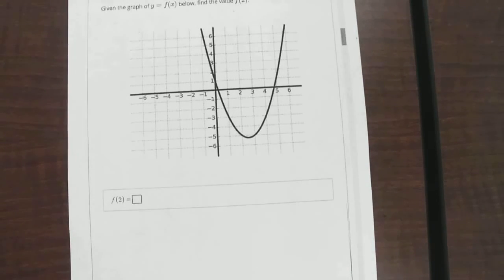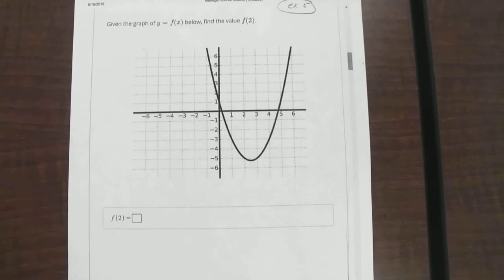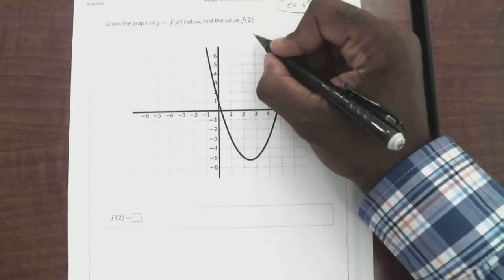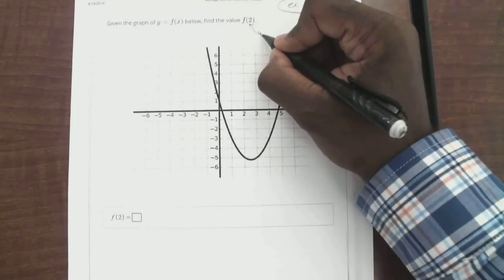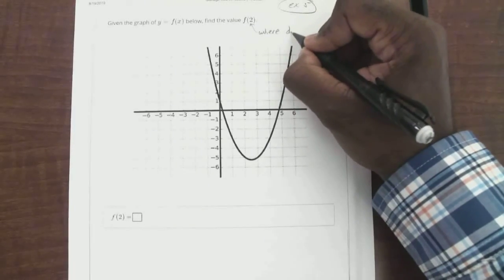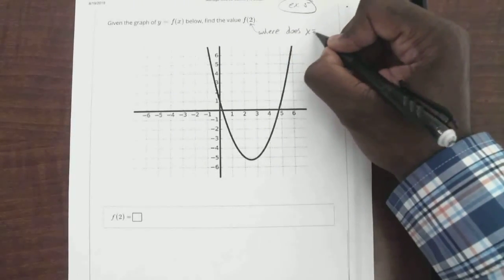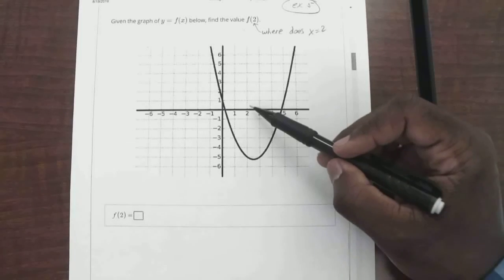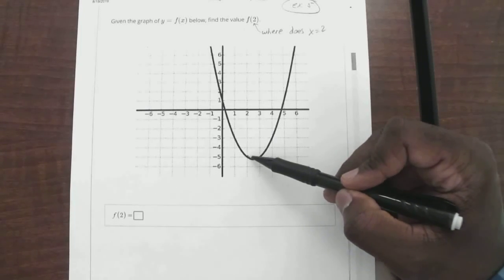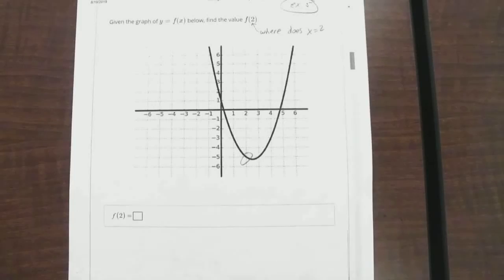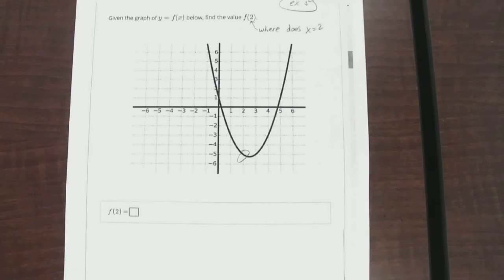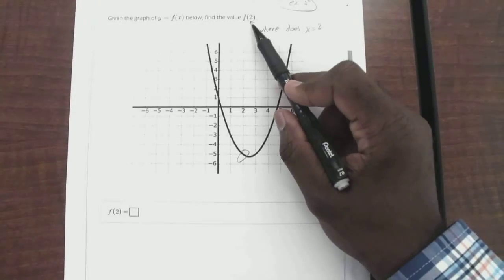Okay. So what is the value of f of 2? Not 0. Remember, it's in the parentheses, so that lets you know you're looking for the x value. So where does x equals 2? Yep, -5. Remember, that's your negative.